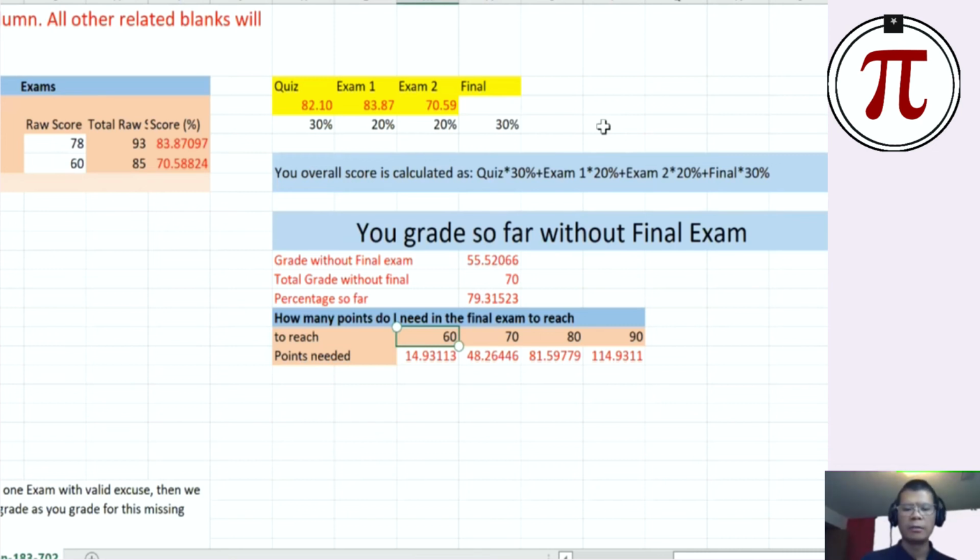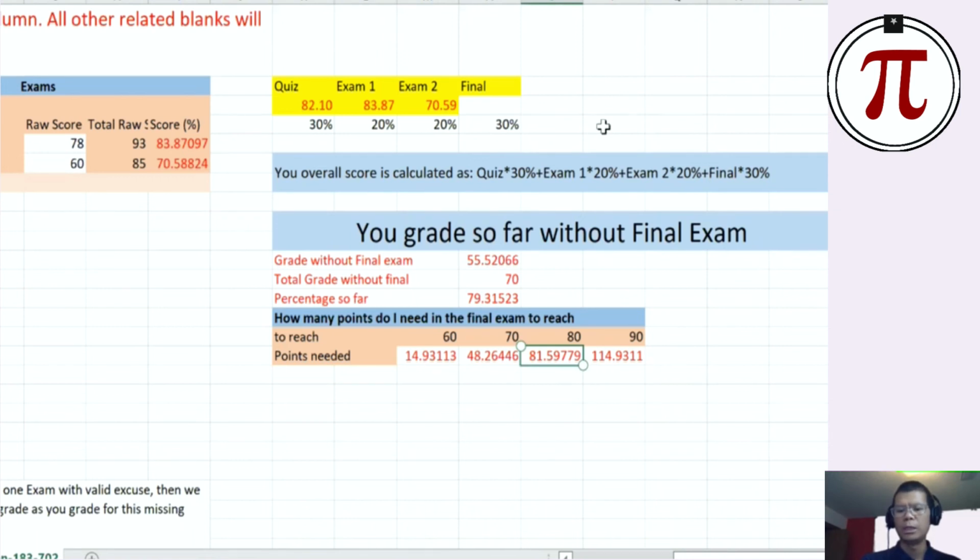Then for this hypothetical student, you only need about 15 points from the final exam, 15% of the final exam. In order to reach a grade letter B, you need at least 48 points. In order to reach C, you will need about 82 points.